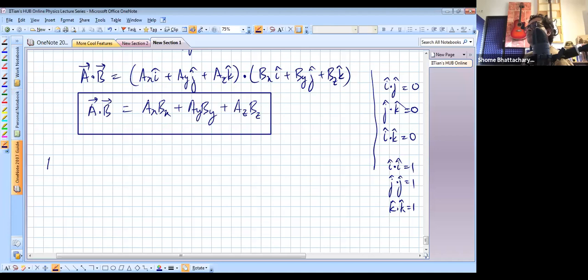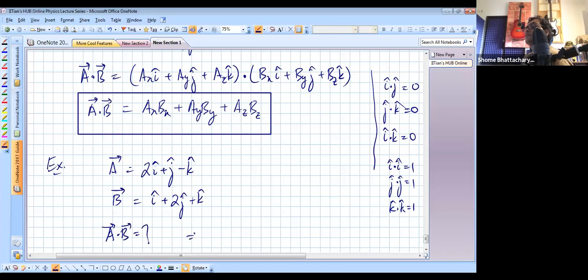Okay. So for example, if I have any given vector now like this, A is let us say 2i cap plus j cap minus k cap, and B let us say is i cap plus 2j cap plus k cap. And I ask you what is A dot B. Now the answer to that is very simple.